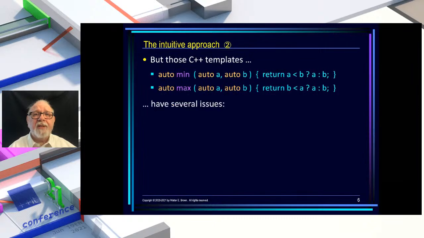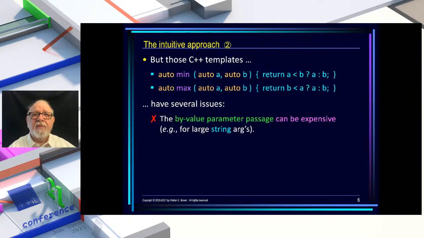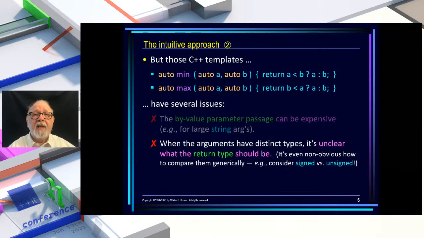However, those templates, reproduced here for your convenience, have just a few issues. For one, we have by value parameter passage, which is potentially expensive, for example, if you have large string arguments. Second, if the arguments have distinct types, it's not at all clear what the return type should be.